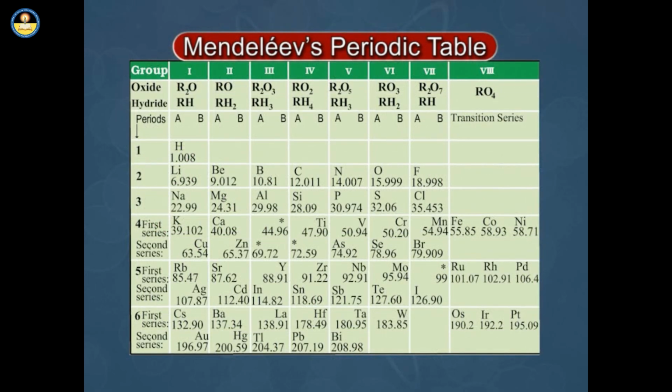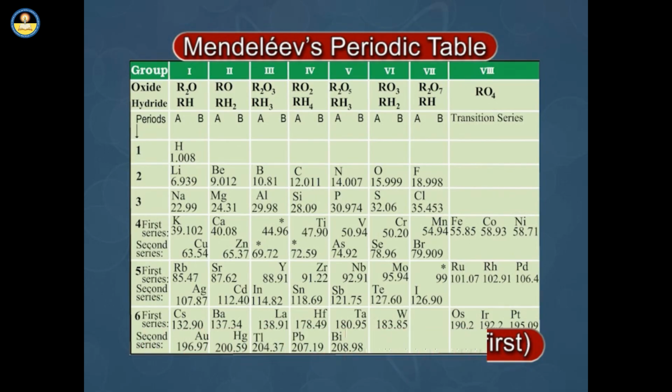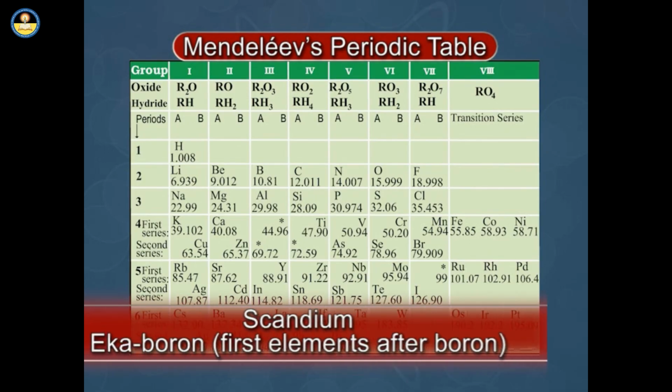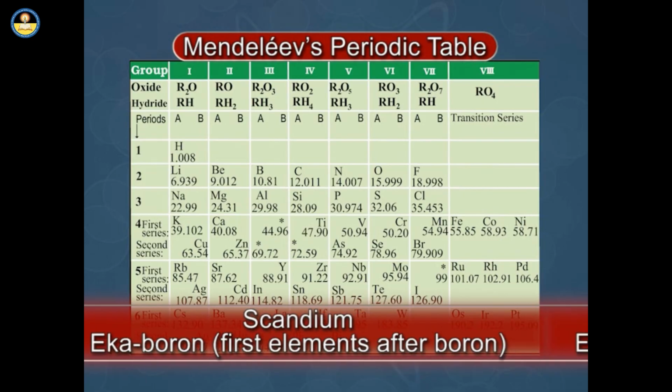Mendeleev named these elements by prefixing a Sanskrit word eka, meaning first, to the name of the preceding element in the same group. That is, eka boron, that is, first element after boron, for scandium.